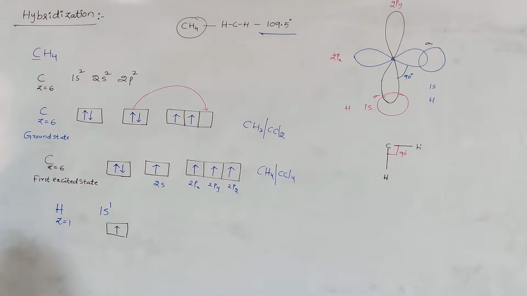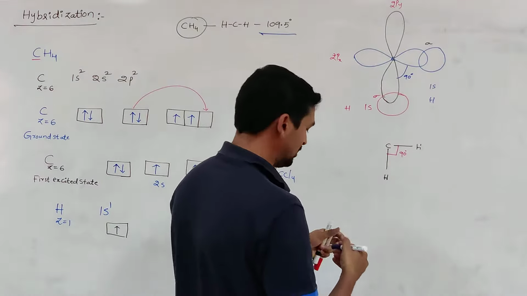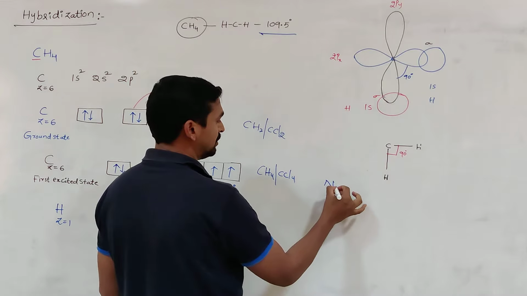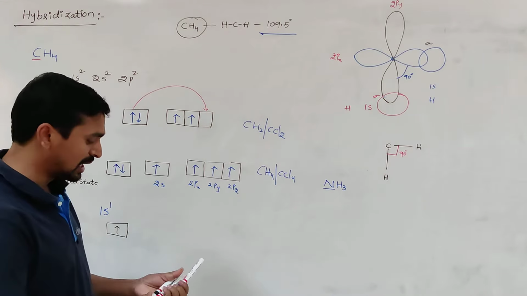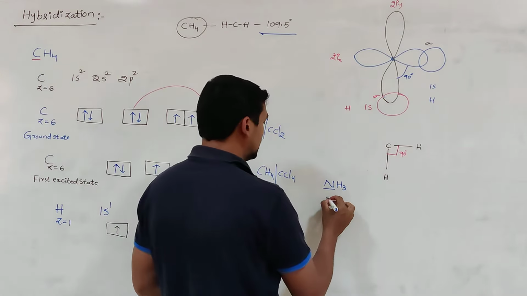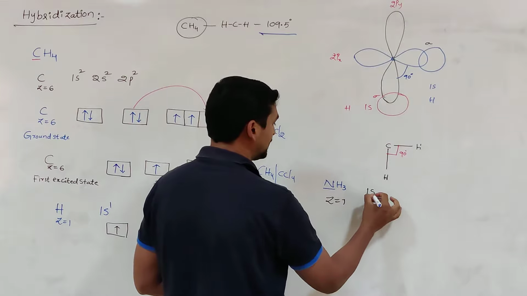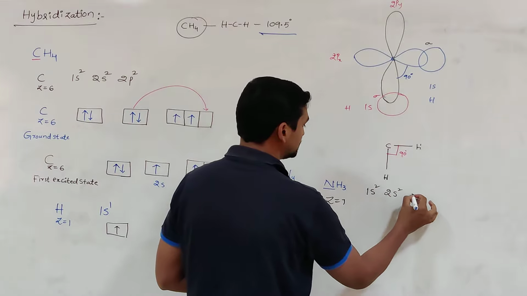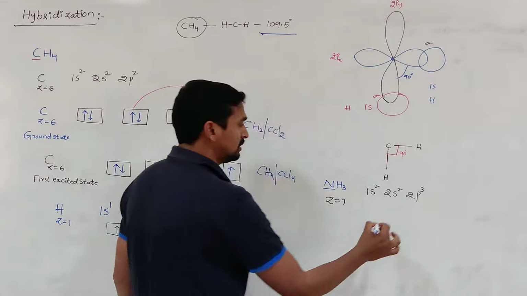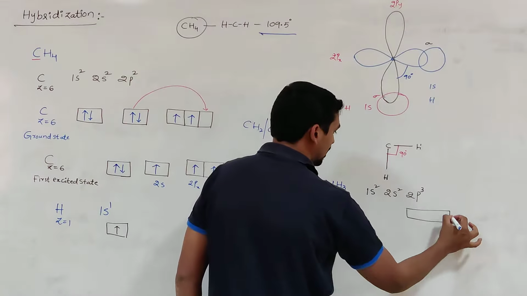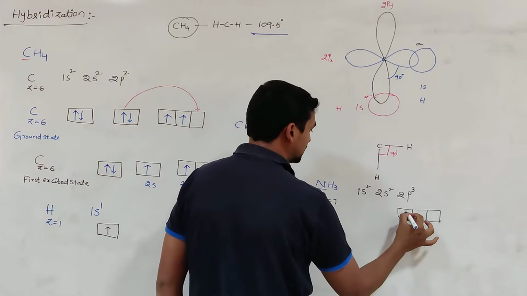Not only this CH4 molecule, you can even take the ammonia molecule. You know very well that in the ammonia molecule the central atom is nitrogen. The nitrogen electronic configuration, you know very well, Z is equal to 7, the configuration is 1s2, 2s2 and 2p3. In the 2p3, all three orbitals are filled with one electron.